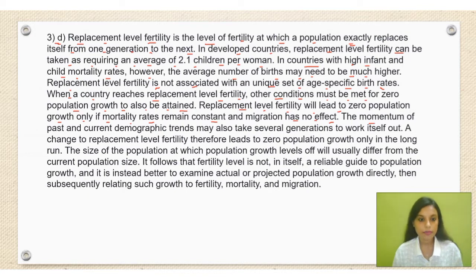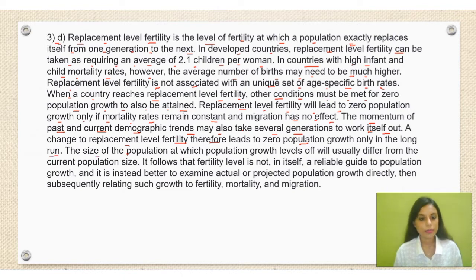The momentum of past and current demographic trends may also take several generations to work itself out. A change to replacement level fertility therefore leads to zero population growth only in the long run.